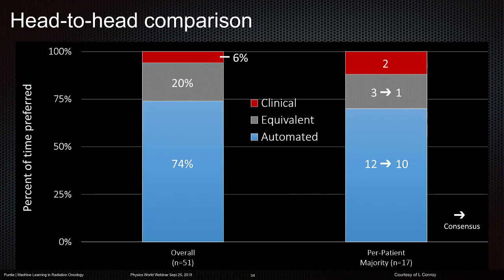What we found is that of the 17 patients, 12 were preferred as automated by majority rule, and 3 were again equivalent. Interestingly, of the 17 patients, 10 had a consensus review positive for automated, meaning all 3 reviewers preferred automated. So again, that's very interesting.